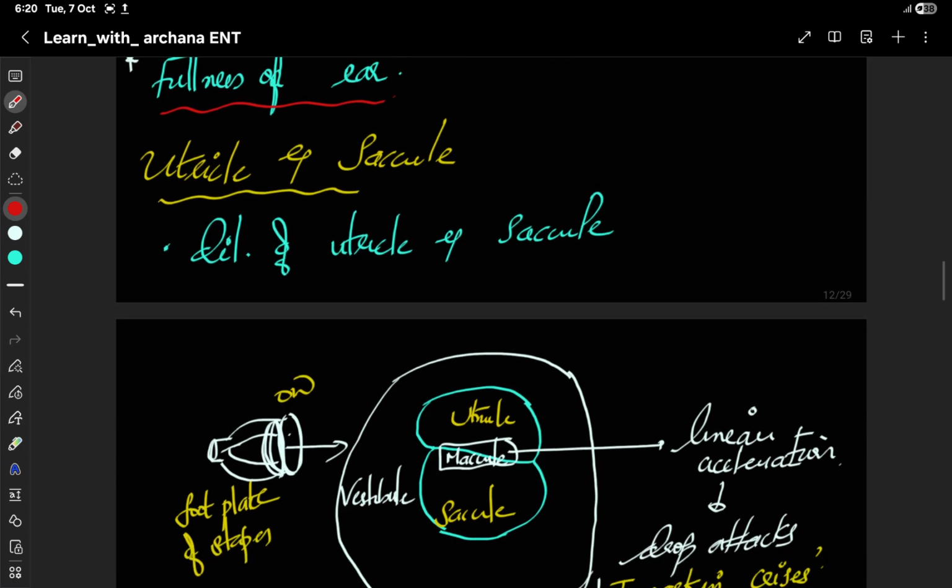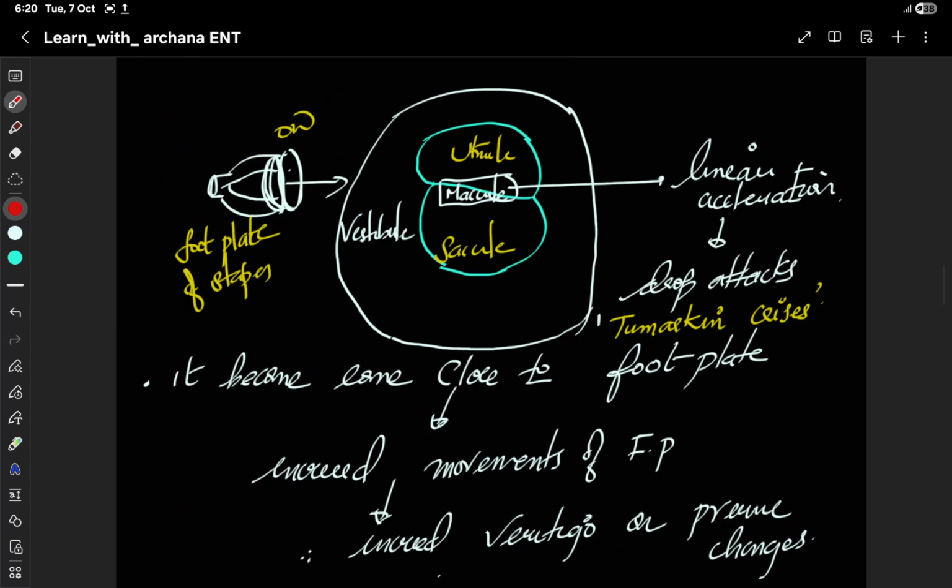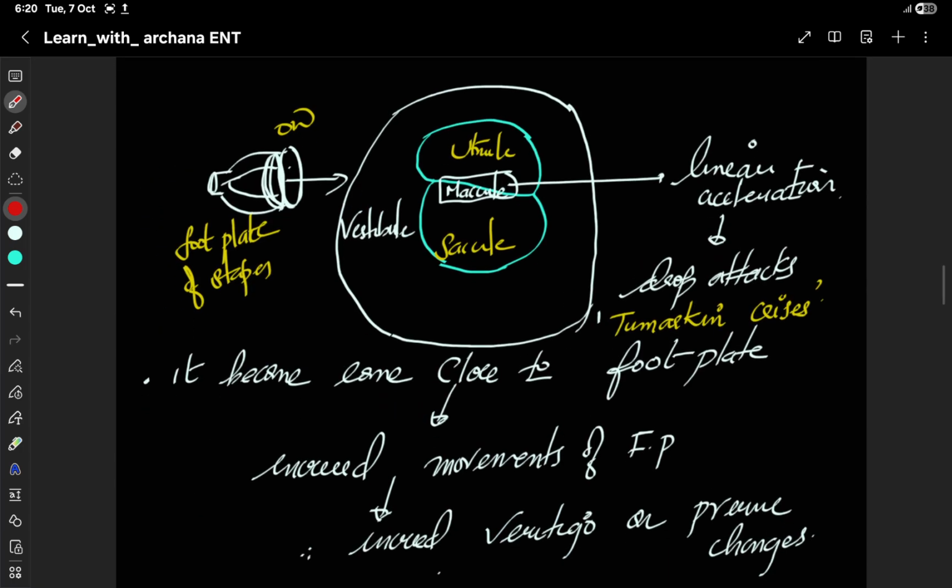Then let's talk about the utricle and saccule. As the pressure increases, we know that the utricle, saccule, macule, etc. are components of the vestibular apparatus, right? So the increased pressure will finally affect the vestibular apparatus also. This is the footplate of the stapes, to which the oval window is attached.